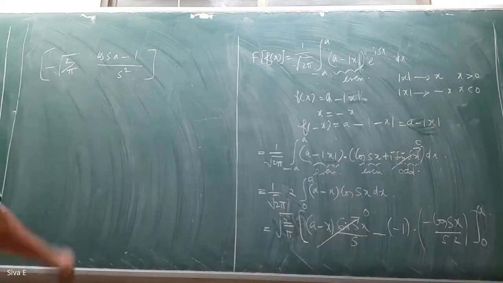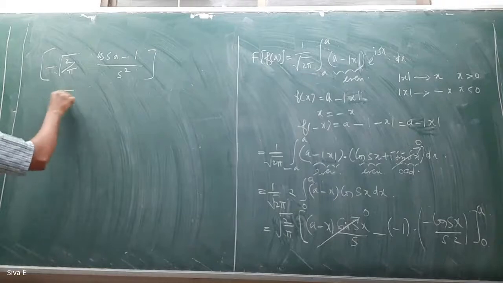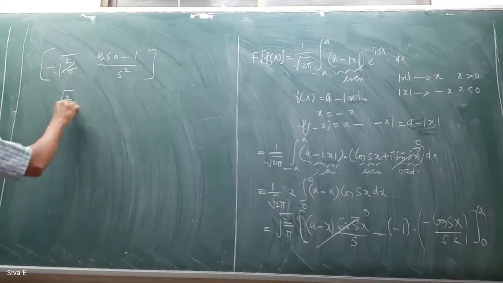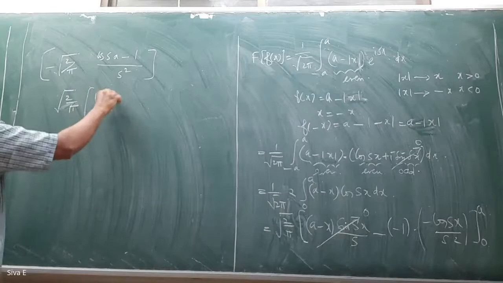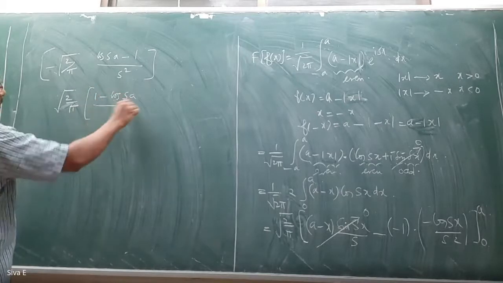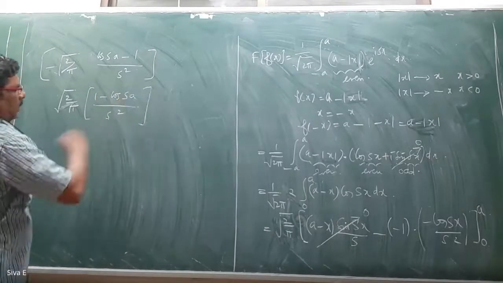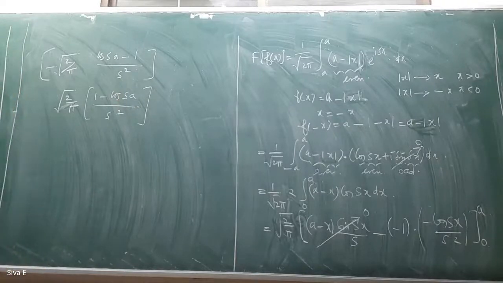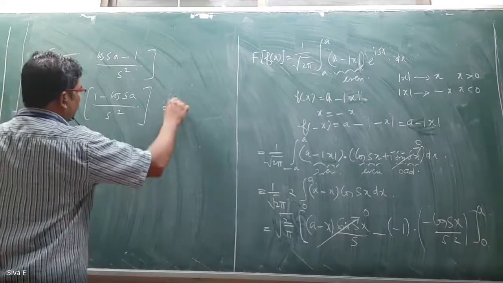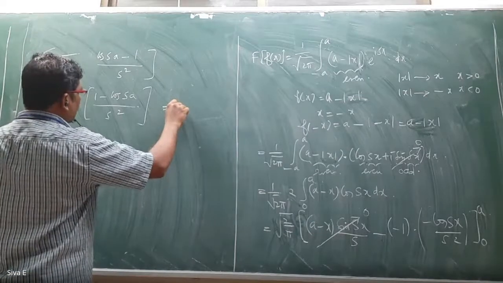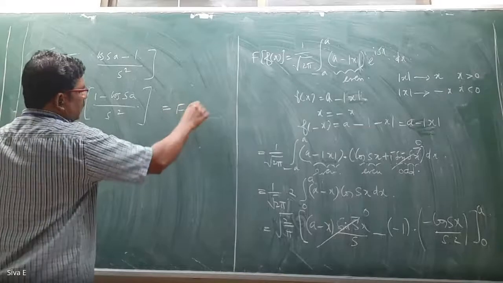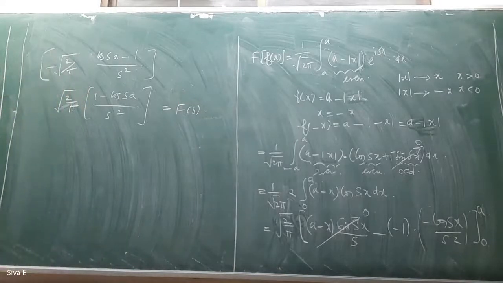Multiplying here, we will get root 2 by pi, (1 minus cos sa) by s square. This is the Fourier transform of the function.